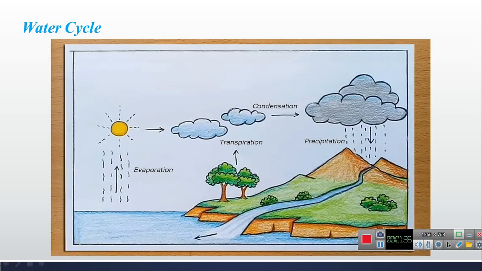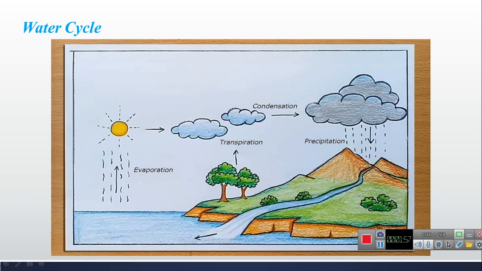The first step of the water cycle is evaporation. Evaporation is the process in which the sun heats the water in the stream and the lake, and changes the water from liquid to gas.